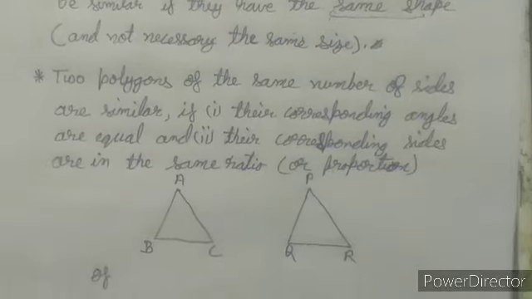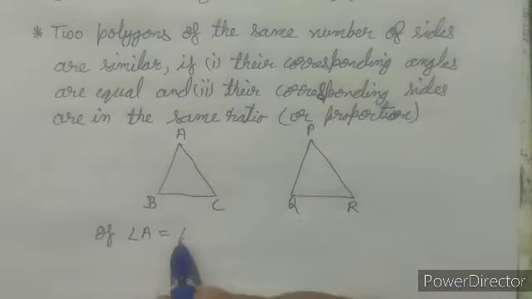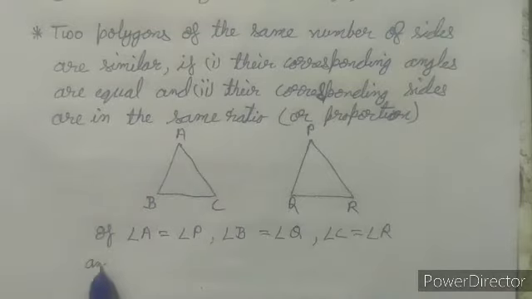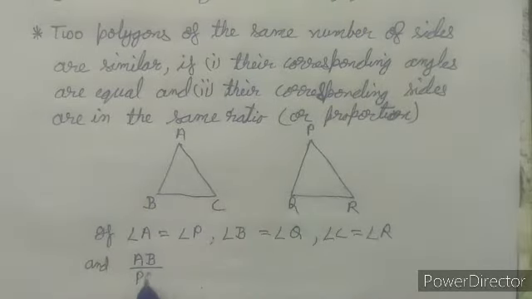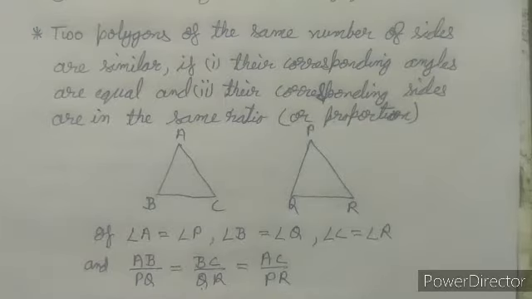If corresponding angles of these two triangles, that is angle A is equal to angle P, angle B is equal to angle Q and angle C is equal to angle R, and the ratio of corresponding sides, that means AB upon PQ is equal to BC upon QR and that is equal to AC upon PR, then the ratio of the corresponding sides is equal.